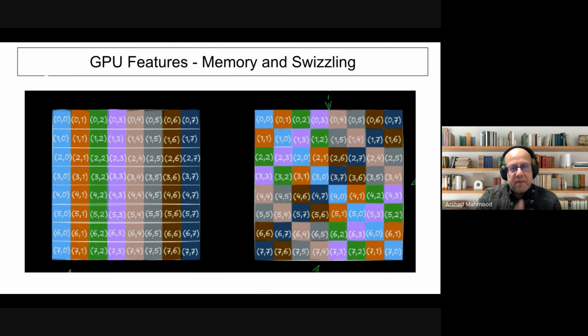These colors are basically banks. But on the right, because of the swizzling, that column is now on the diagonal. So if one of our kernels needs to read that whole column, it can be done in one cycle, because each one of those is now on a separate bank.